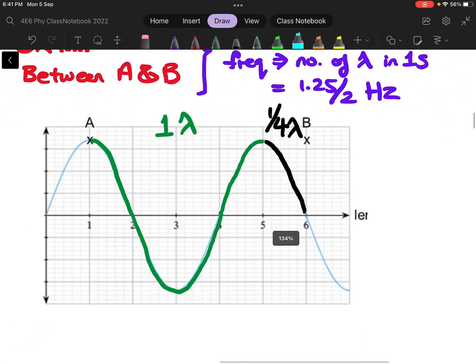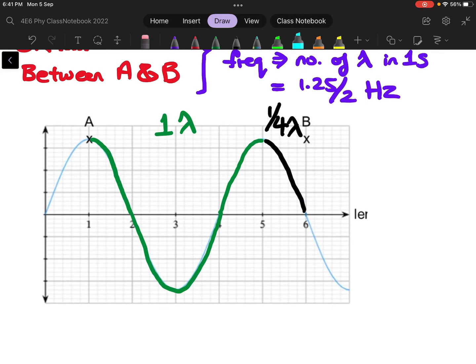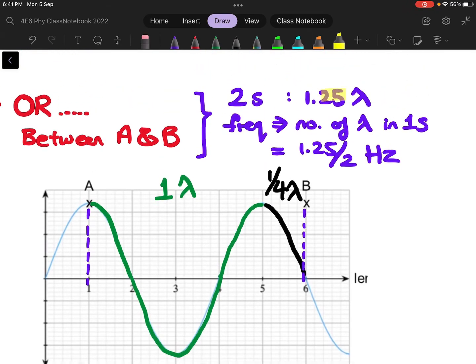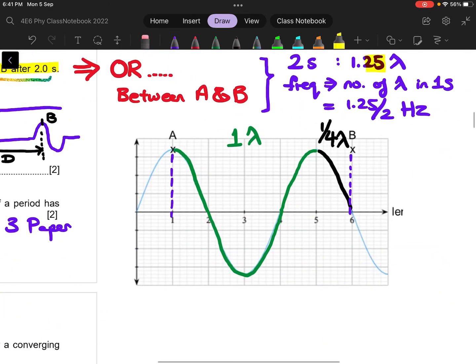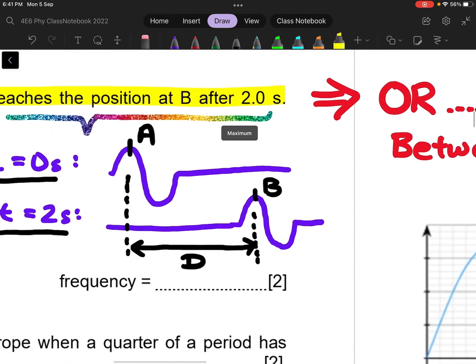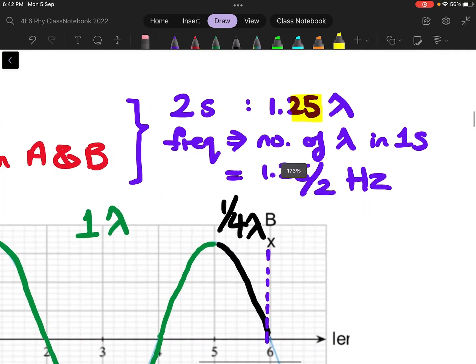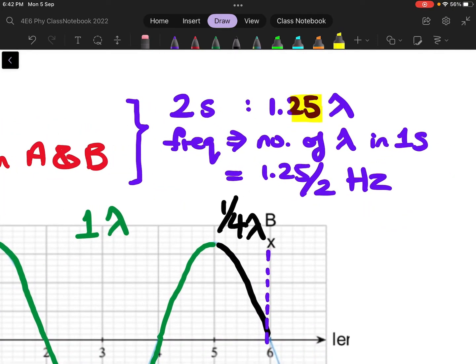Meaning that within this A and B, you can see the green part, which is one complete wave, and then the black color part, so between A and B there are actually 1 1/4 waves. In other words, in order for the crest to move from A to B in 2 seconds, the source of the vibration needs to generate 1 1/4 complete waves to push this crest from A to B. In other words, in 2 seconds, 1.25 complete waves must be produced.